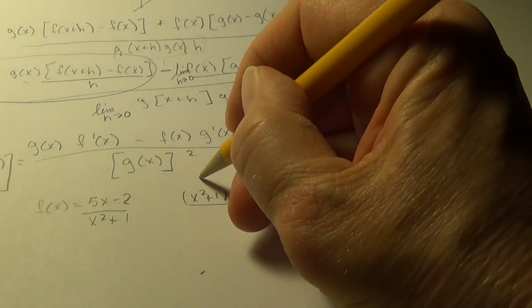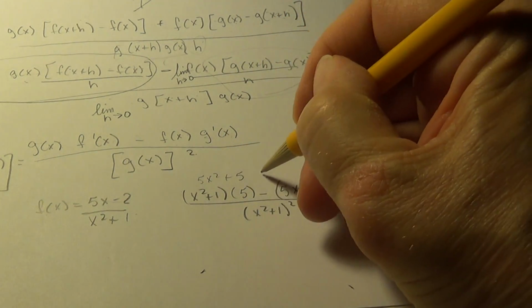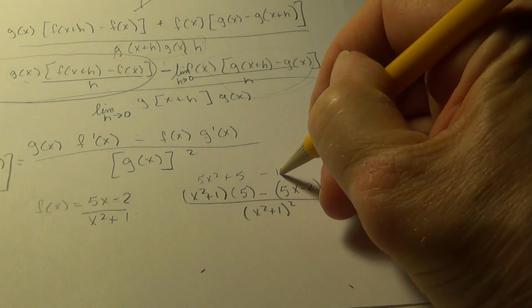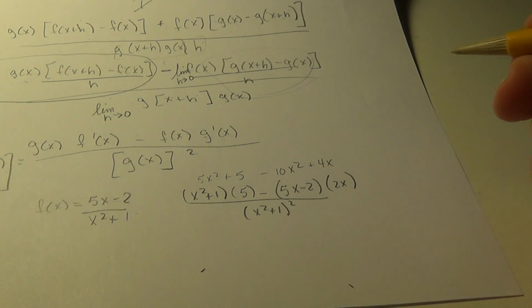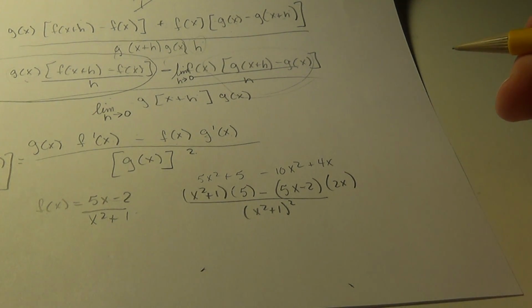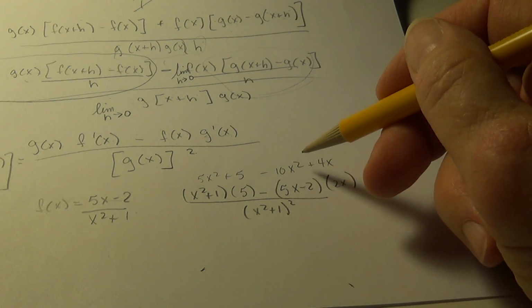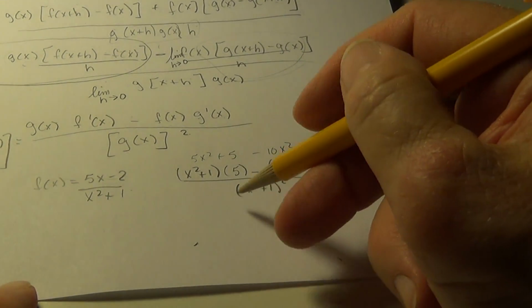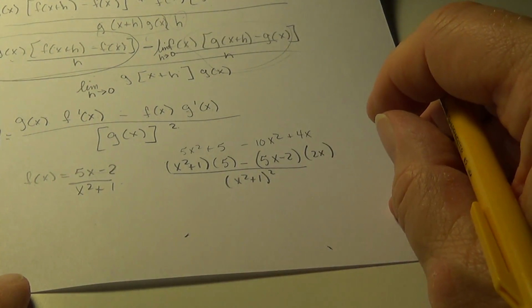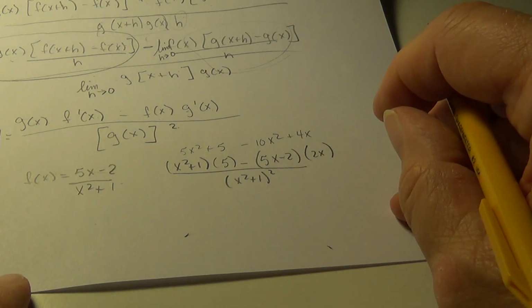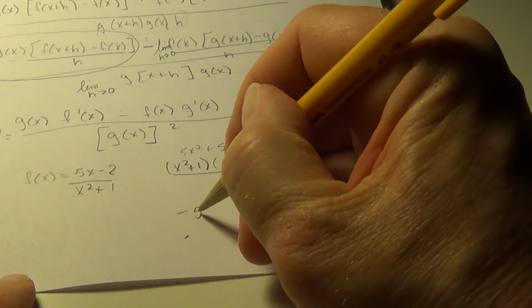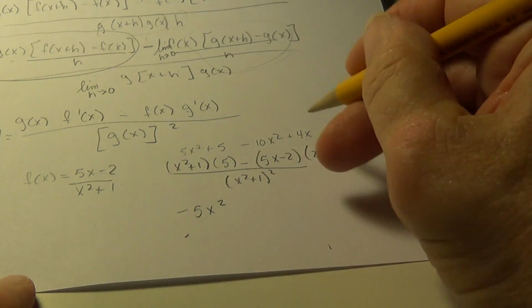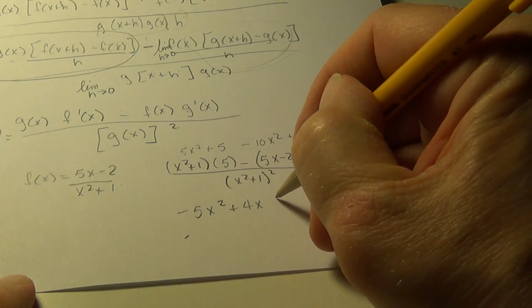So this becomes 5x squared plus 5, and this is minus 10x squared, and that becomes a positive 4x. Alright, so if I put that together, I get a 5x squared, and a minus 10x squared is a minus 5x squared, and the 4x and the 5.